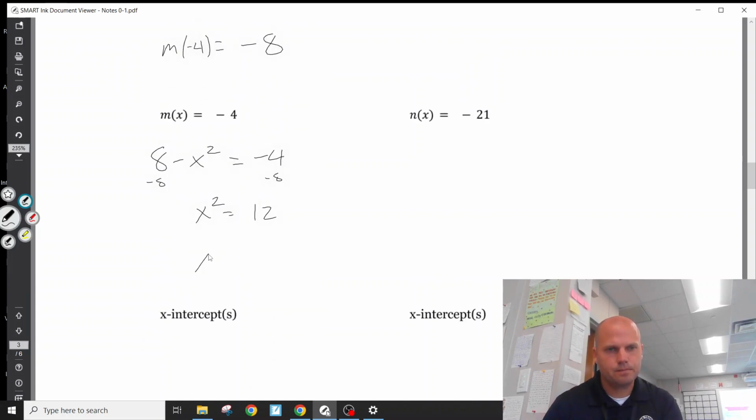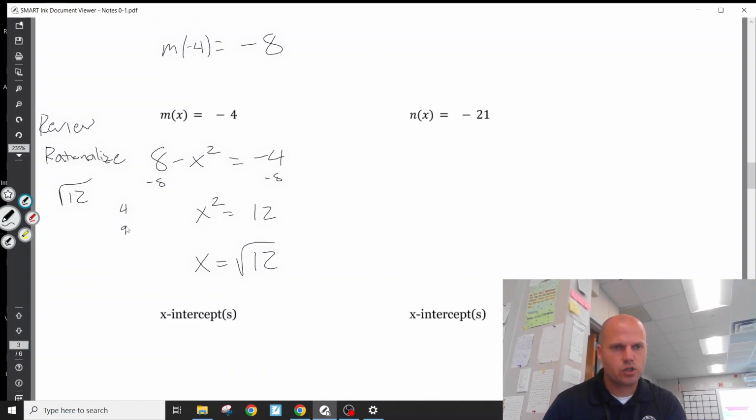And here we go. One thing we have to remember is how to rationalize. So, review of rationalizing. What we want to do is find the perfect square that goes into our value. Why do we want to find the perfect squares? Because perfect squares can be square rooted.